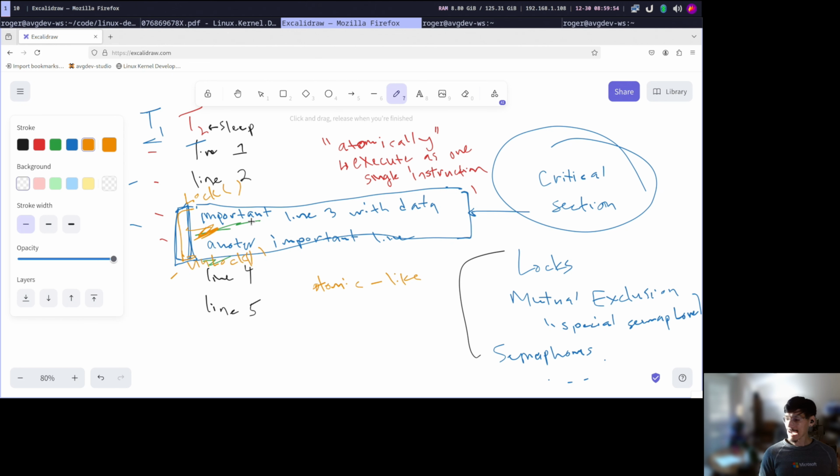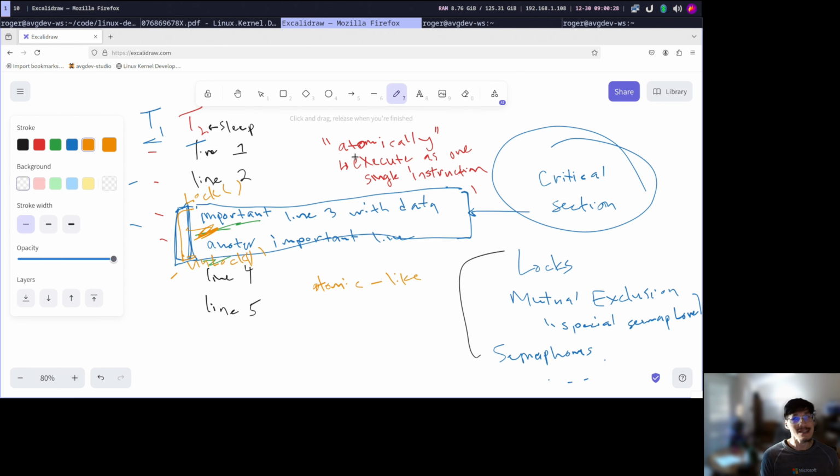Thread 1 is executing all of this at once without anybody coming in to meddle with what it's doing. That is executing as a single instruction, it's just not obvious. If neither thread has to worry about anybody coming in, then it's executing as one single instruction, just really slowly, or as multiple.